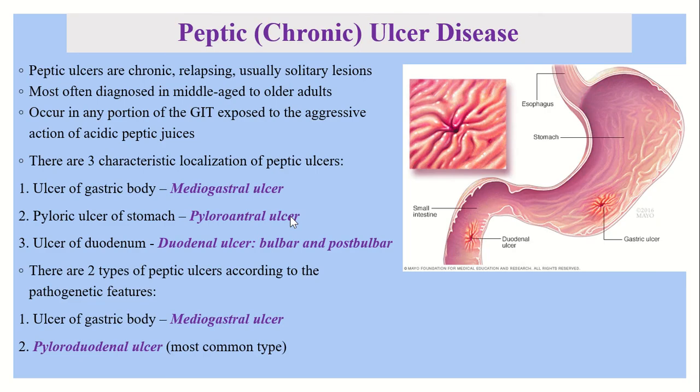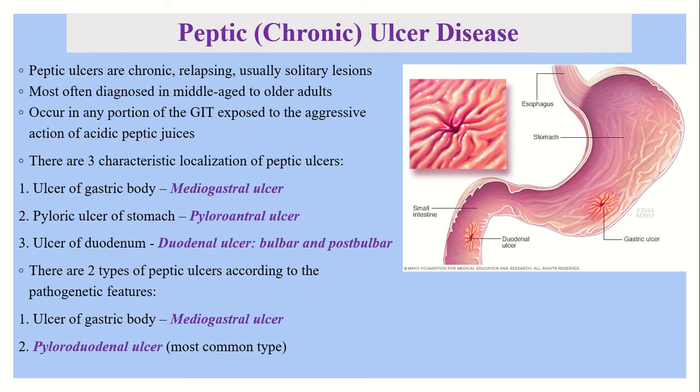The peptic or the chronic ulcer disease is a relapsing, usually solitary lesion, most often diagnosed in middle age to older adults. It can occur in any portion of the gastrointestinal tract, but mainly it is located in the body of the stomach.